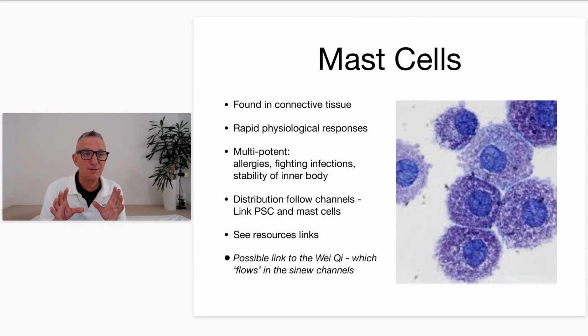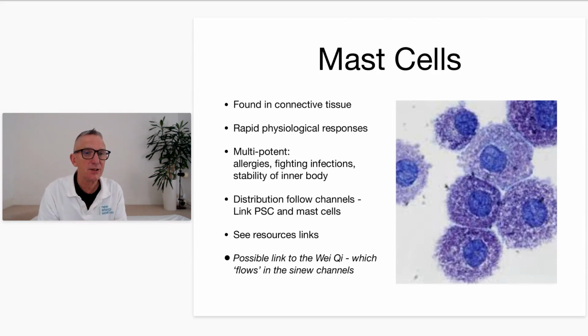What I found very interesting about the mast cells was, later on, when I was researching the function of the sinew channels, which is another really interesting thing I'd like to talk about maybe next time when we do the subos, that the wei qi, the protective qi of the body, is supposed to circulate in the sinew channels.